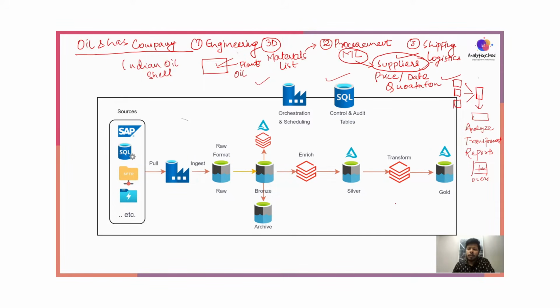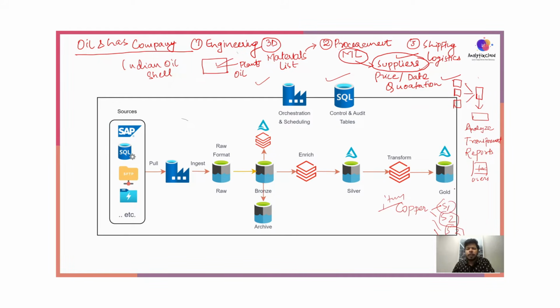Let's say the company wants to buy copper. There could be multiple suppliers who will be selling copper, copper wire, let's say, right? So in the report that we are generating, the business people can just put in what item needs to be purchased. It will be copper, so it will just give us which suppliers are the best to sell the copper, right?